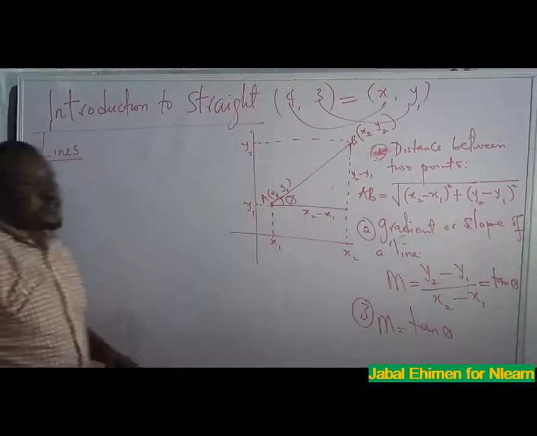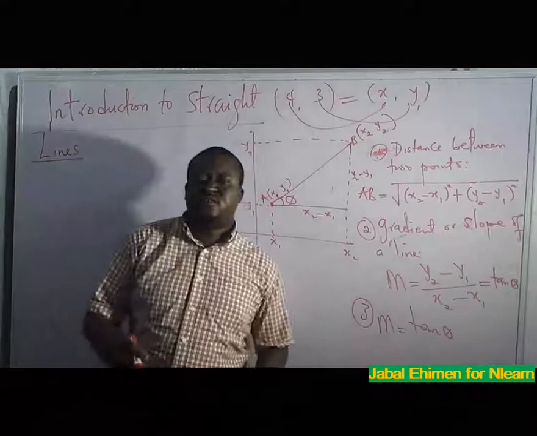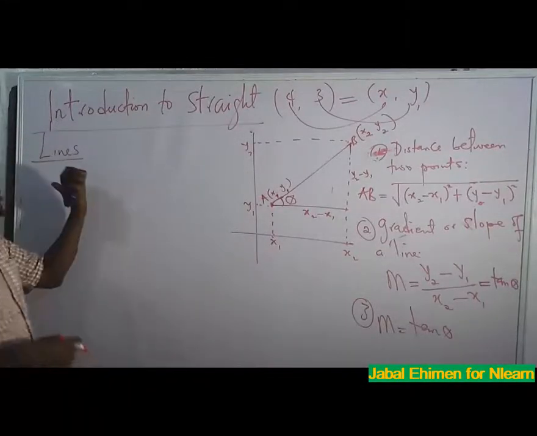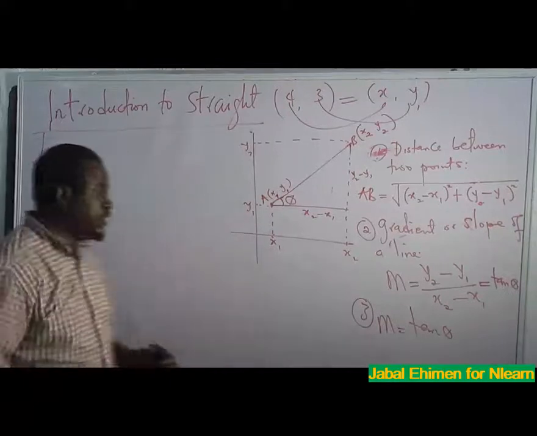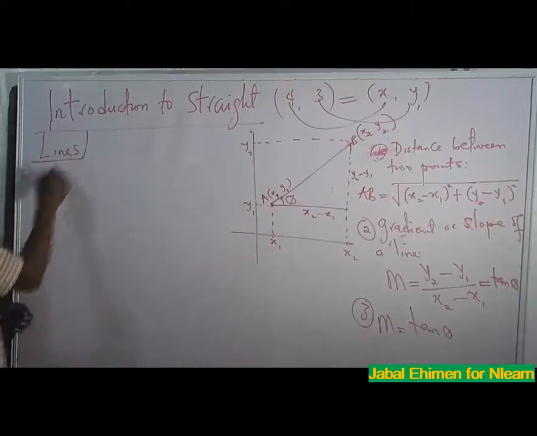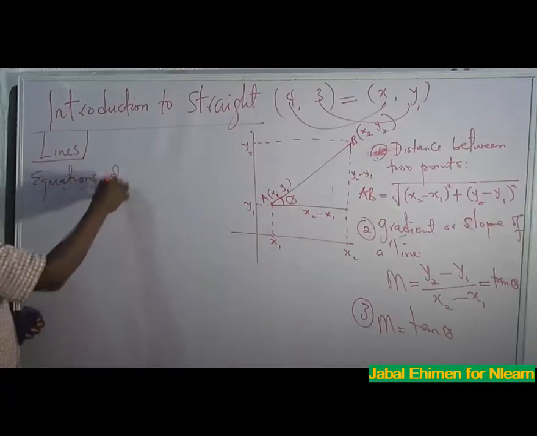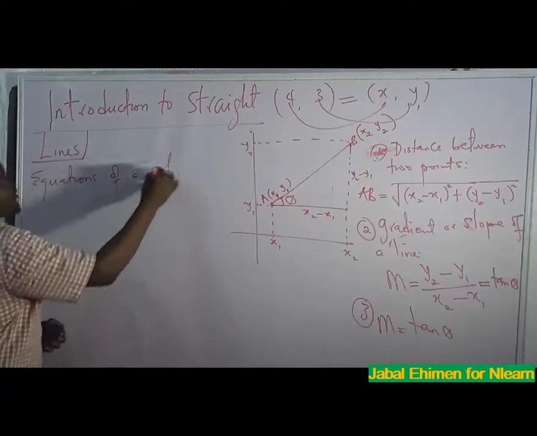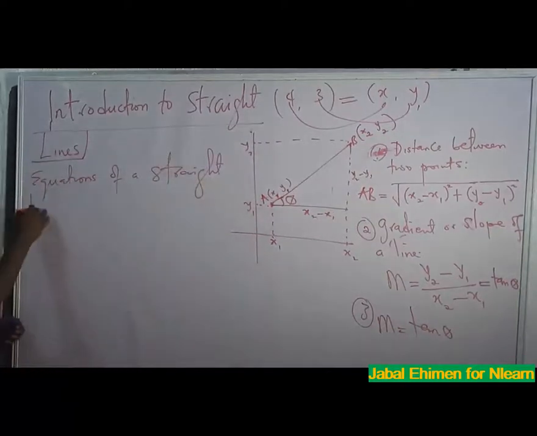So let's consider something else. Let's talk about the thing which is the most important thing in this topic, straight lines. It is called the equation of a straight line. Now, equations of a straight line.